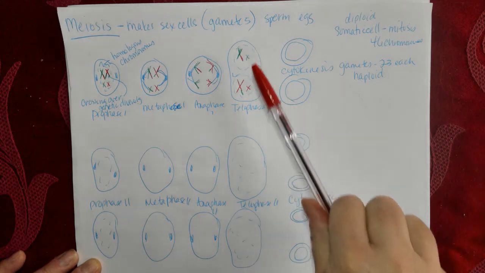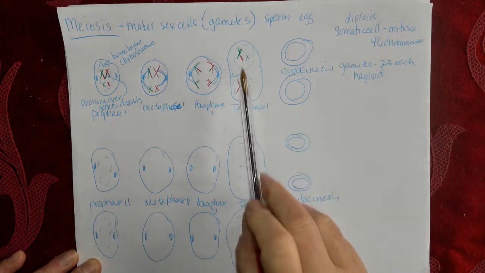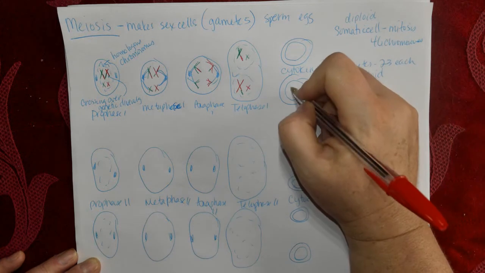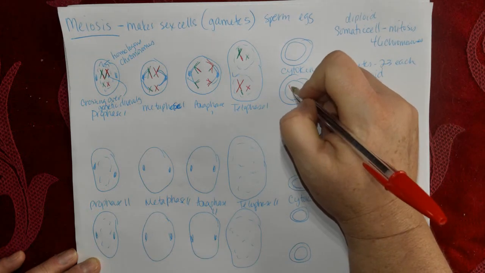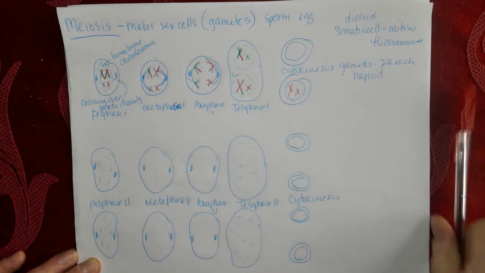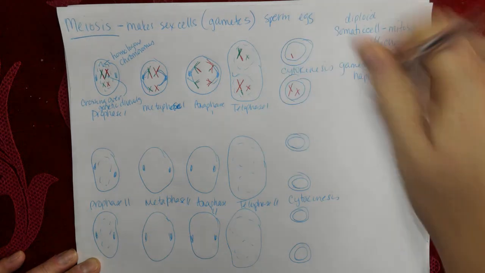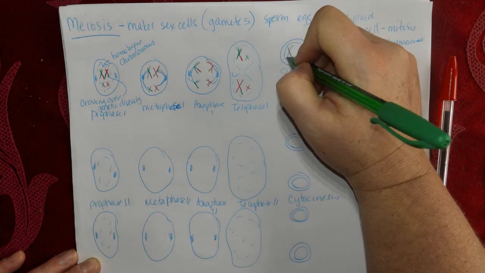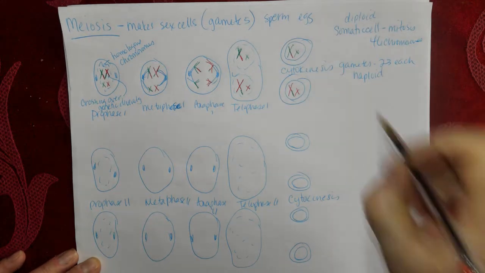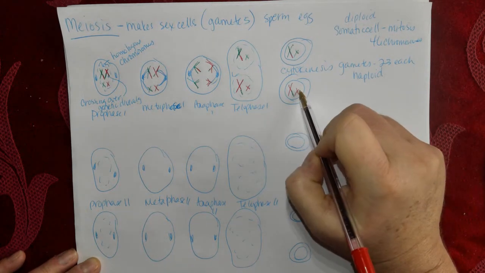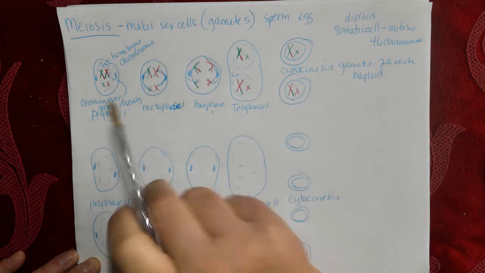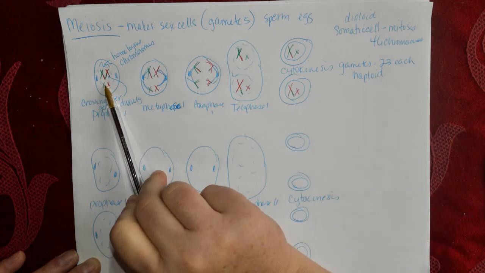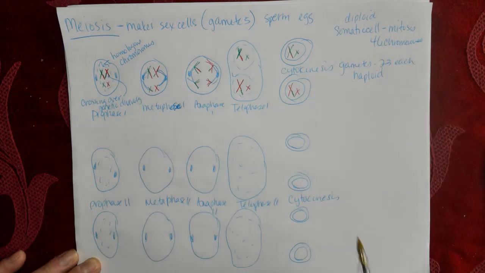So now instead of being genetically identical, these two cells over here, when we get to cytokinesis, are going to be unique. So what we have done here is we have halved the number of chromosomes. We started here with 4 X's, and now we have 2 in each one.